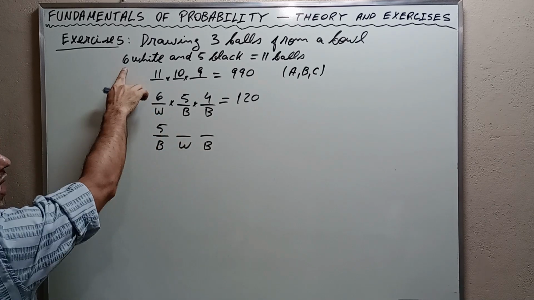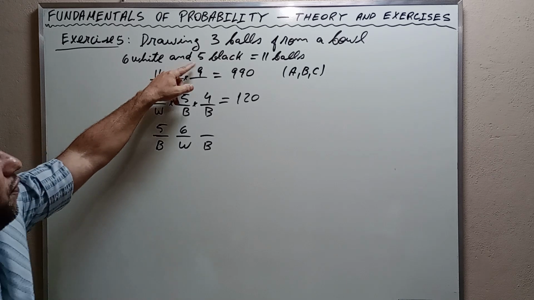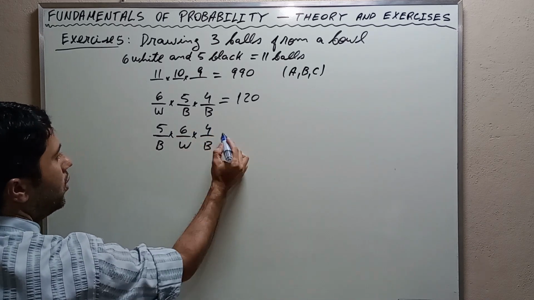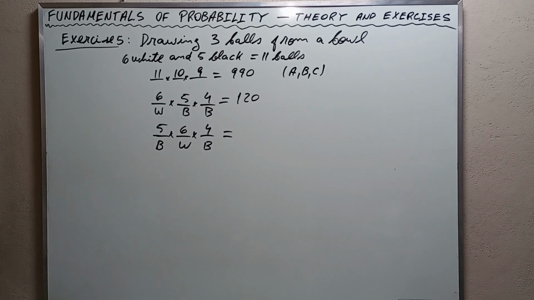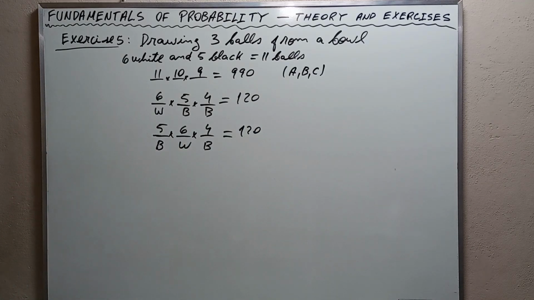For the white ball, we have 6 possibilities. And as we have already drawn one black ball, we are not going to have 5 possibilities anymore. We have 4 possibilities for the second black ball, and this multiplies to 120. So we have 120 outcomes in which the first ball is black, the second ball is white, and the third ball is black.